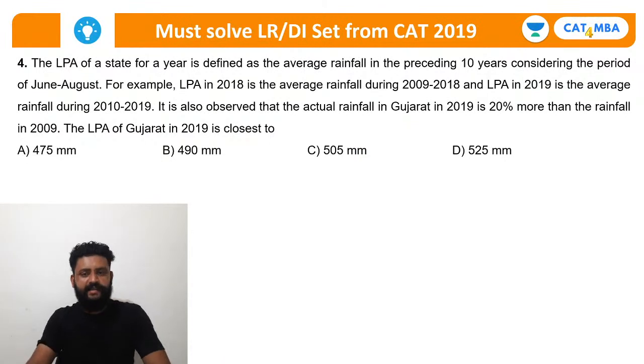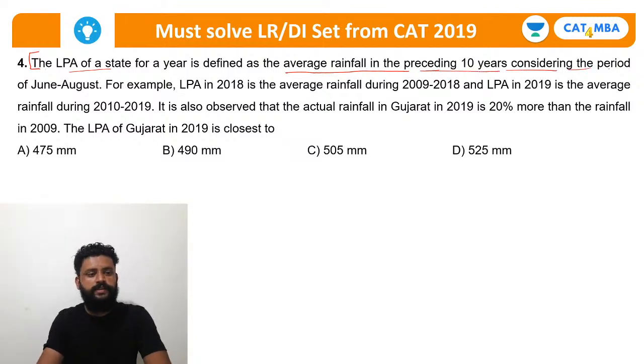This is the simplest set that we can expect in CAT. And we have one more. The last one is slightly tricky as compared to the previous one, but definitely you should go for it. It's simple if you understand the information properly. The LPA of states for a year is defined as the average rainfall in the preceding 10 years, considering the period of June to August.